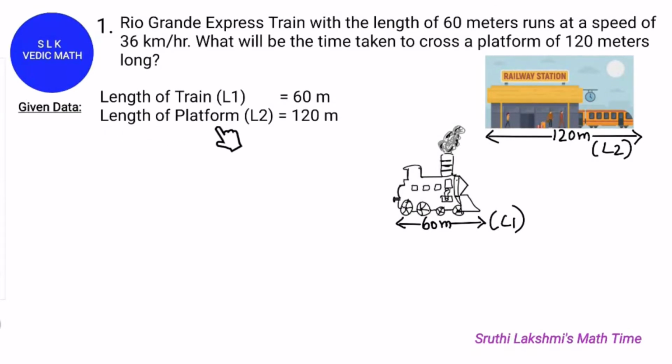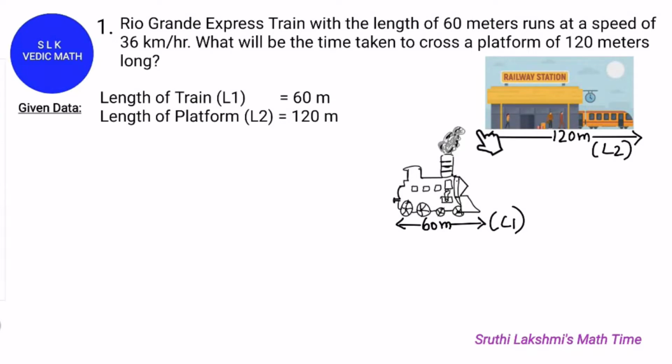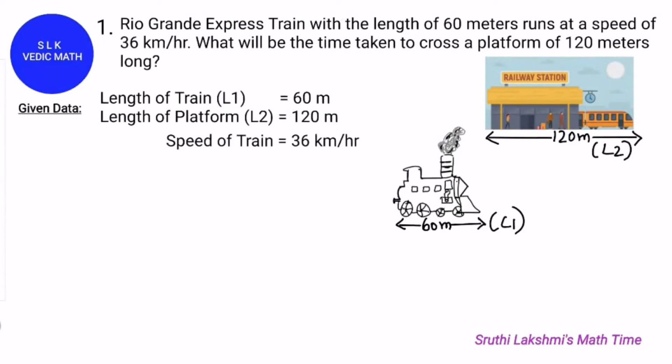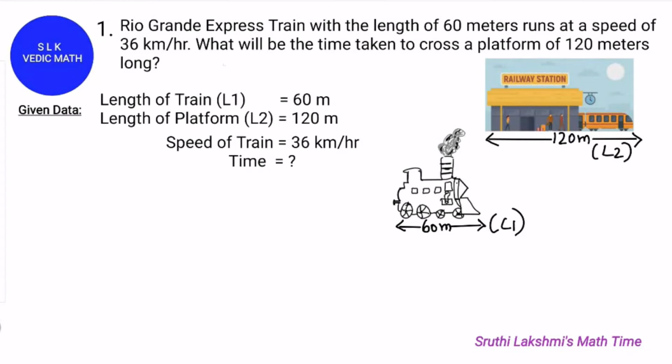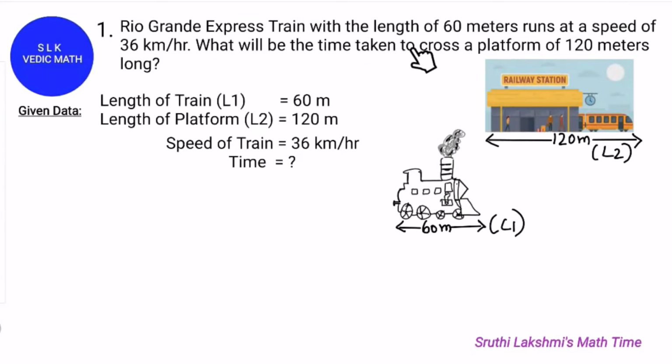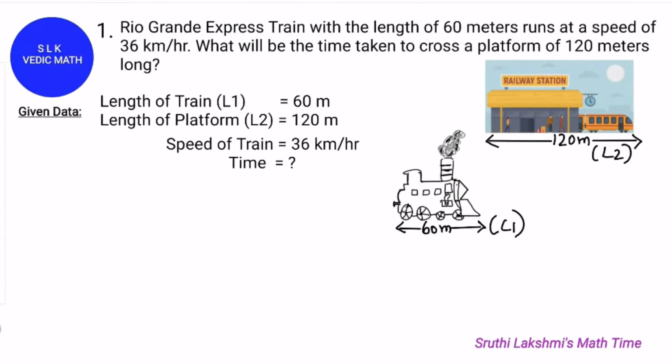And the length of the platform, which is considered as L2, is 120 meters. And the speed of the train is 36 km per hour. They are asking the time. The question is, what will be the time taken to cross a platform of 120 meters long?